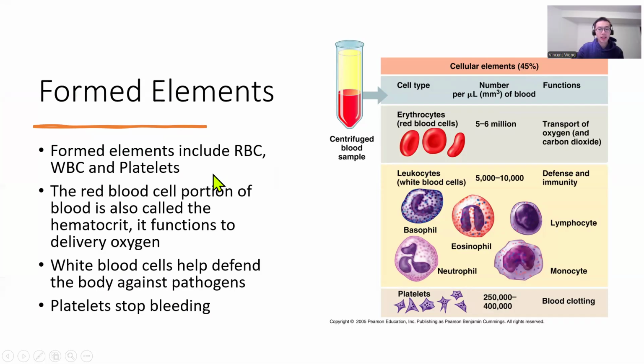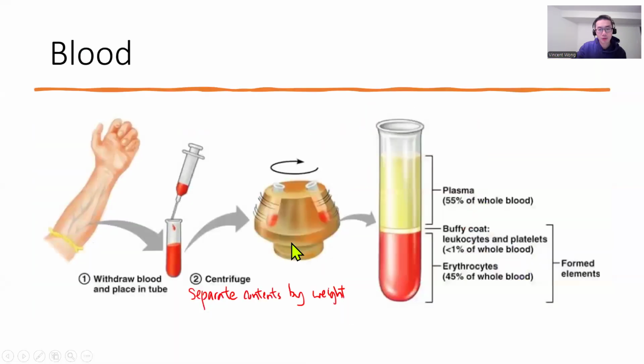Now, the red cells are the most common type of cell in the blood, and the big portion that they make up at the bottom right here is called the hematocrit. It's a little bit confusing here, so let me go back to this slide to show you.